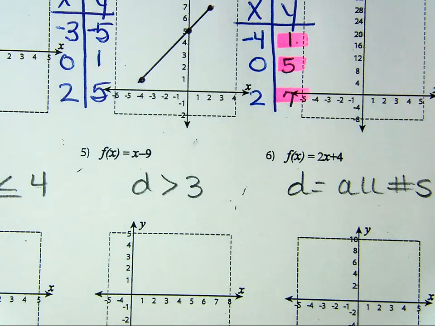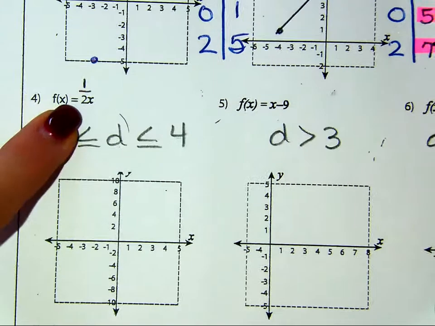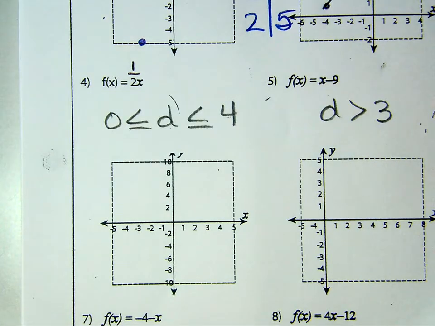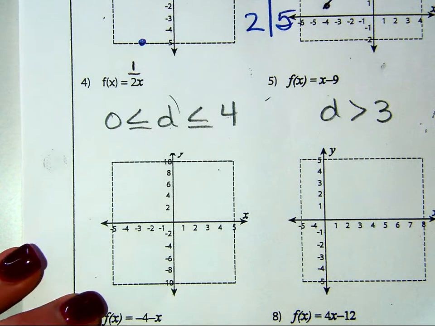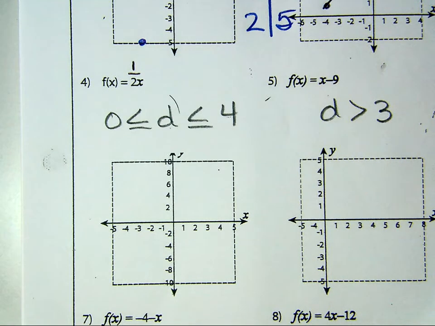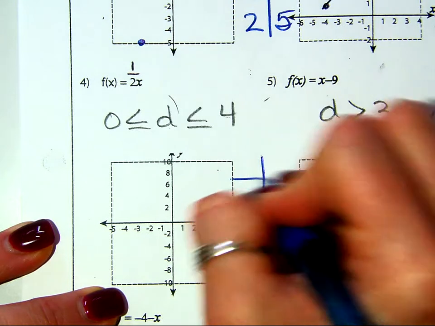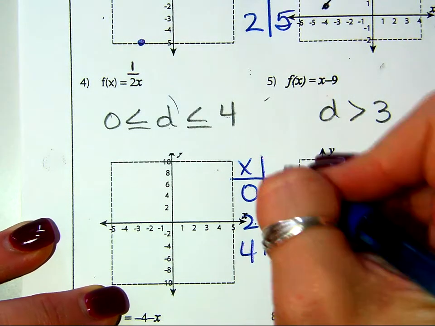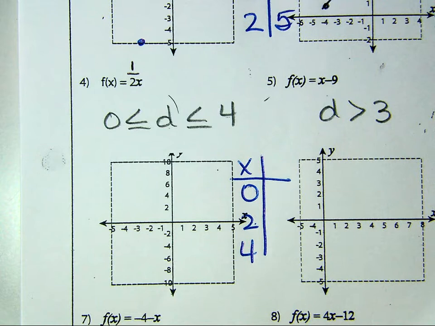Okay. I just want to talk about real quick what happens when it's a half. Everybody sees a fraction and instantly kind of freezes up and they go, oh my gosh, I don't know what to do. Yes, you do. Multiplying by half means taking half of something. So if you're doing your graph, we won't do this one all the way out. If you do 0, 2, and 4, well, would you rather take half of an even number or an odd number?